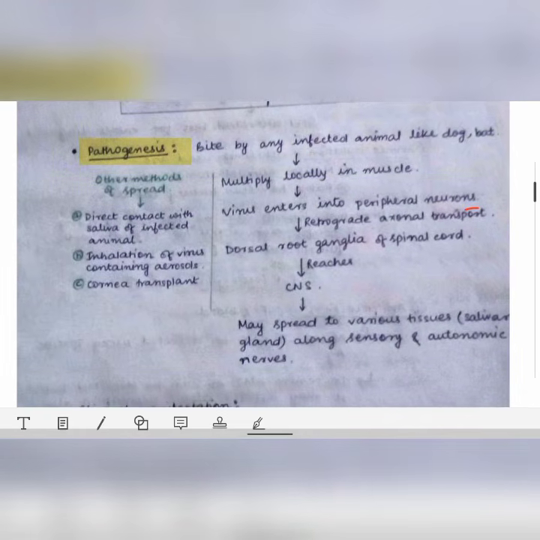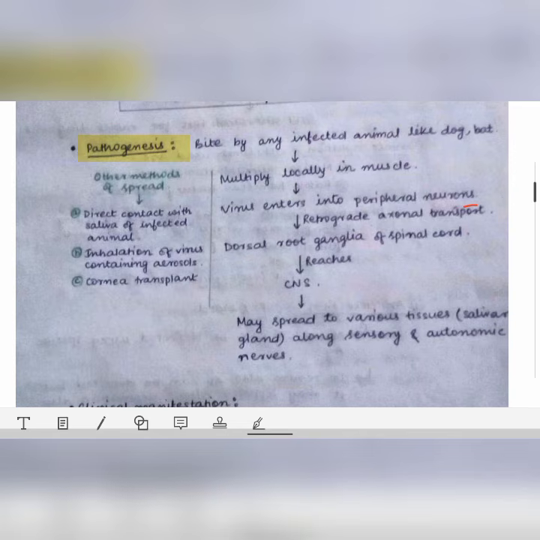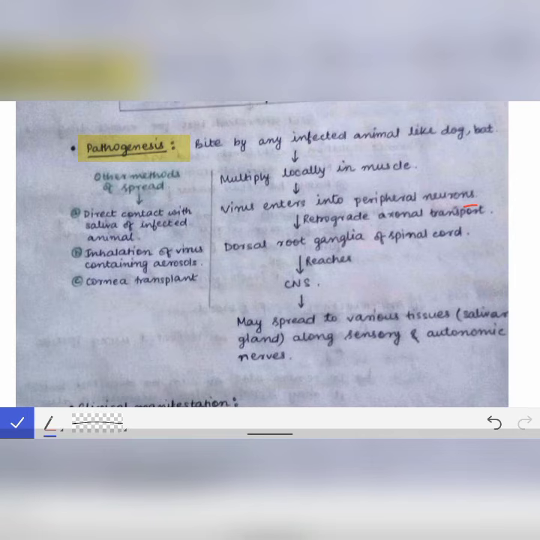Now coming to the pathogenesis part. In pathogenesis we first have to see the sources of infection of the rabies virus. The most important source of rabies virus infection are animals infected with the rabies virus, like dog, bat, etc. By the bite of these infected animals, the rabies virus infection may occur.